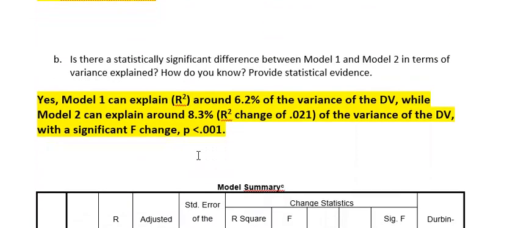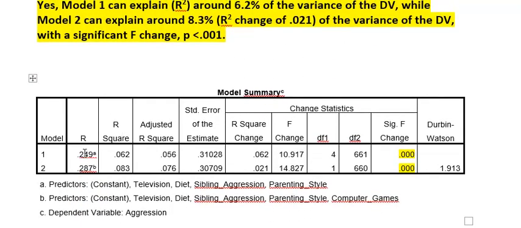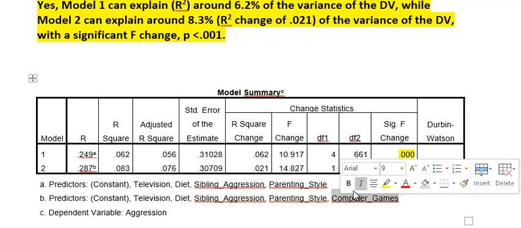Okay, now B. Is there a statistically significant difference between Model 1 and Model 2 in terms of variance explained? So that's when you're going to go to your R-squareds. So there's the first model, without computer games, and it is a significant predicting model. Once we throw in the computer games, you'll notice that the last predictor added is computer games.